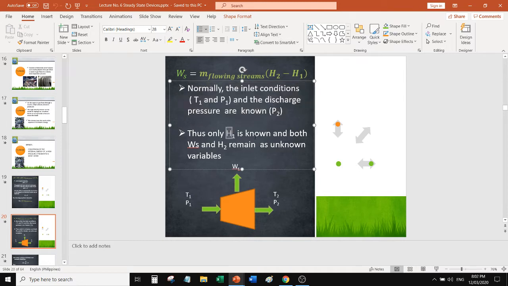So, the usual problems would be H1 is known kasi nga you can read it from the steam table using T1 and P1 as the parameters, and the unknowns would be the work shaft and H2 or the enthalpy at the outlet.